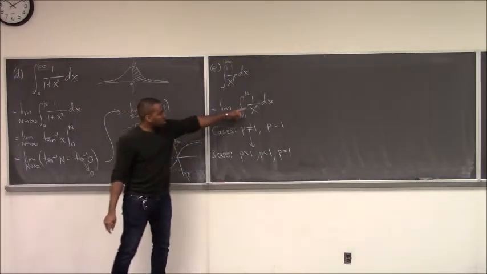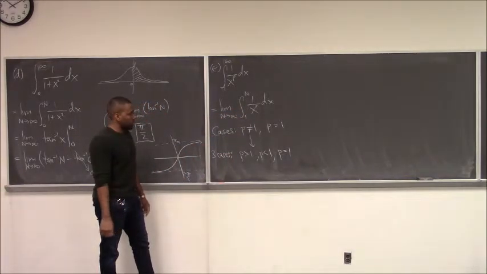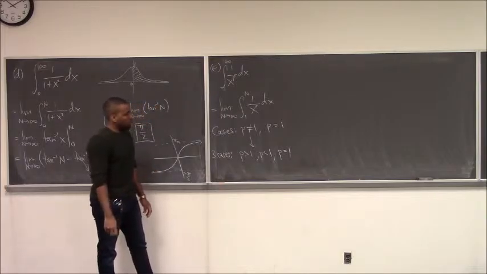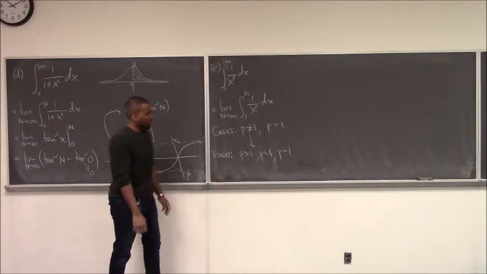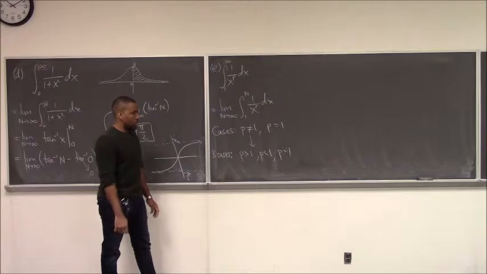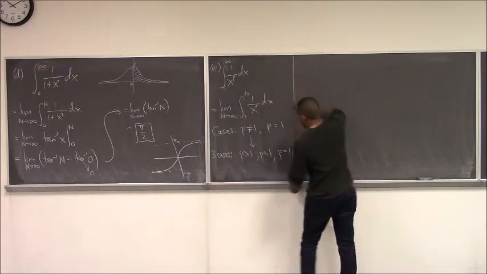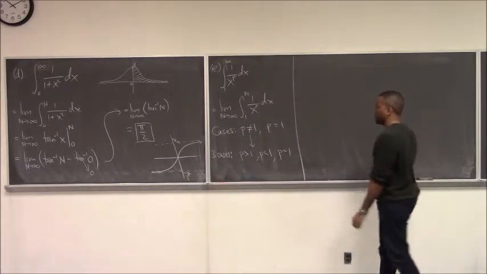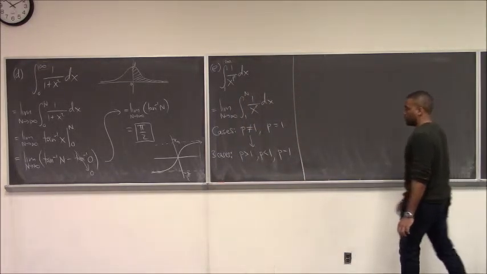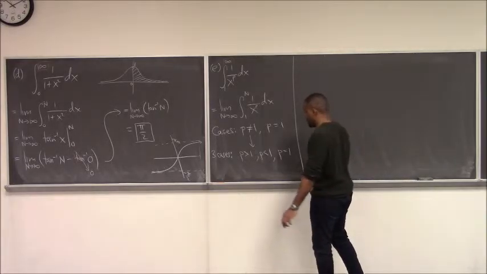So at 1 we have a completely different situation, because we get ln, but otherwise we can use the power rule.